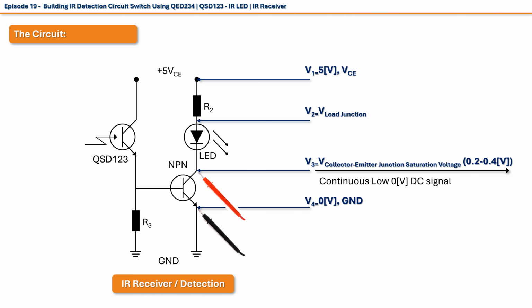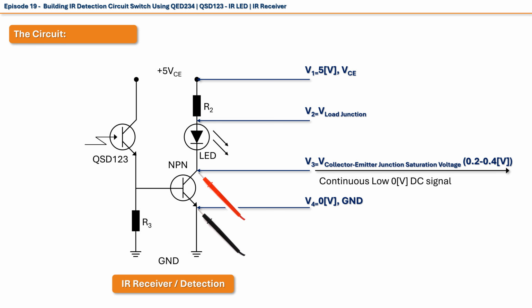We know from the datasheet that the saturation voltage is between 0.2 and 0.4 volts. This means, when our detection circuit is powered on, junction V3 will provide a continuous DC signal with amplitude between 0.2 and 0.4 volts. Since this is a very small voltage, we can round it down to 0 volts, and call this output a continuous low signal.